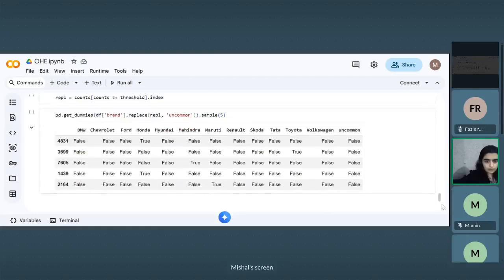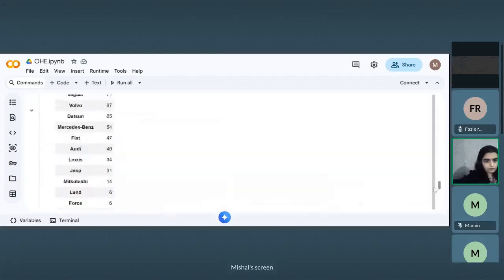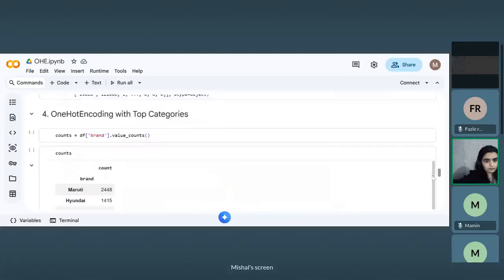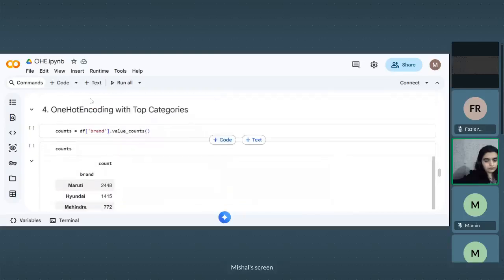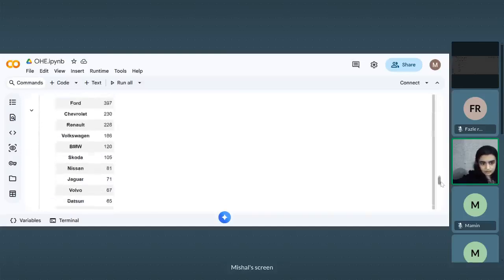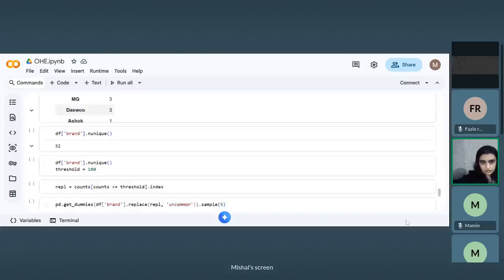Okay, that's our data. Here we are applying it on the brands column, but if we see, we have various categories here, and we can check it by nunique or with the help of value counts how many different categories there are.